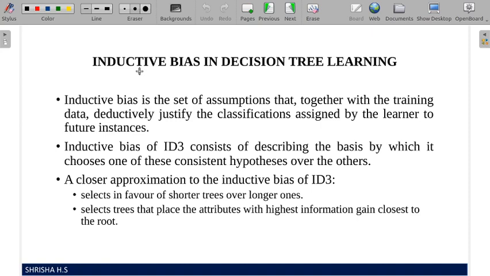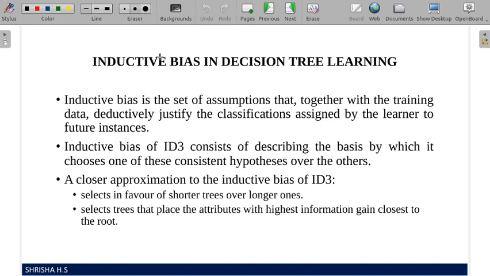Now what kind of decision tree our ID3 algorithm tends to select among all the possible decision trees which are consistent with the data set, that's what we'll study in inductive bias in decision tree learning.